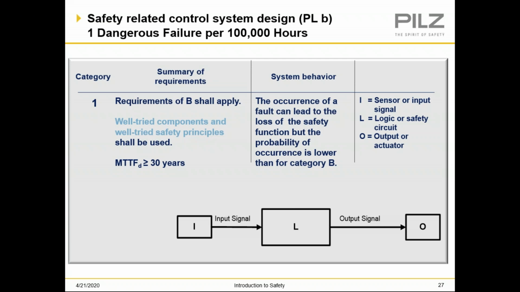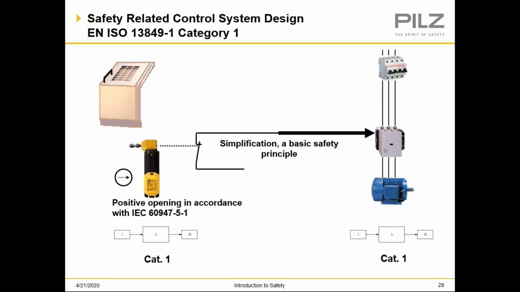But we're still single channel, input, logic, output. And here's what your circuit could look like. Again, mechanical switch. It is positively guided, which means it's safety rated, and tied directly to this. This looks like it's a drive, but just single line, no redundancy.